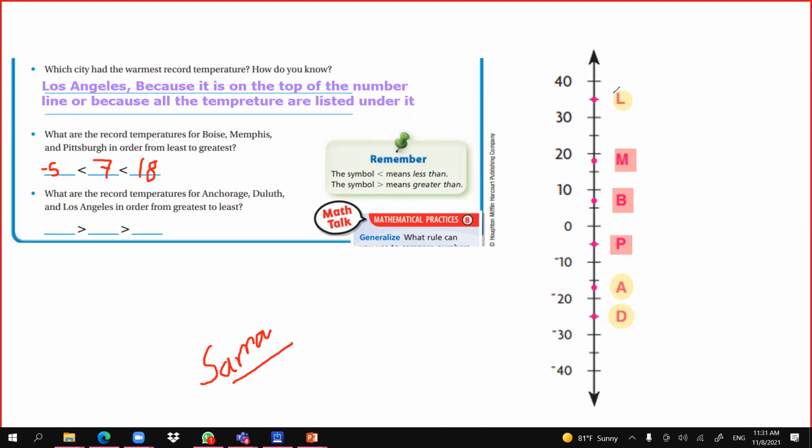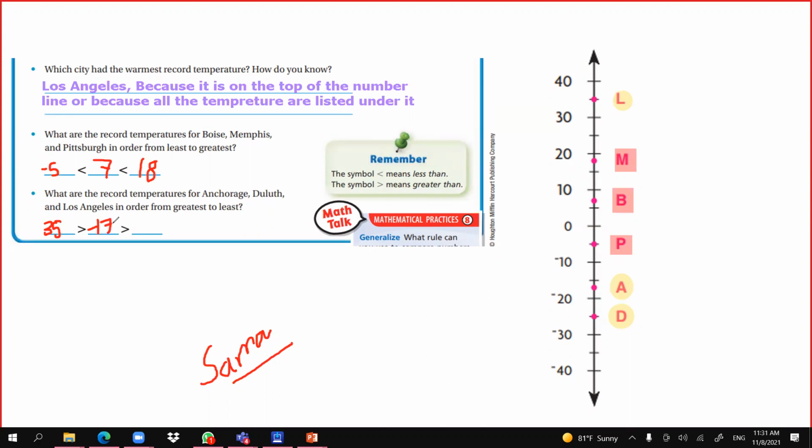What is its temperature? 35. Bravo. Then greater than. Bravo, negative 17.